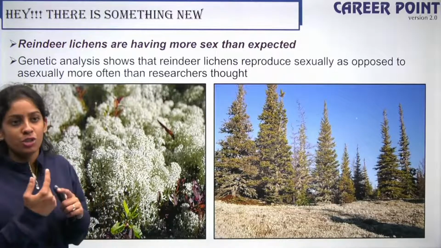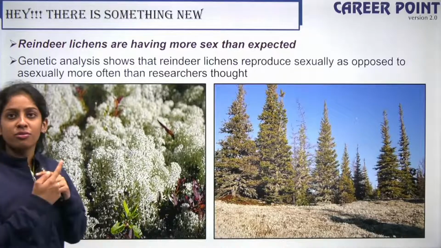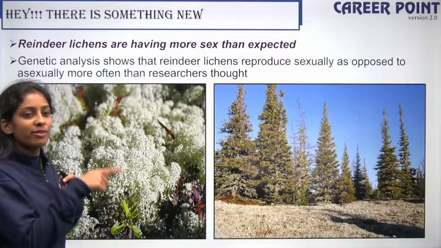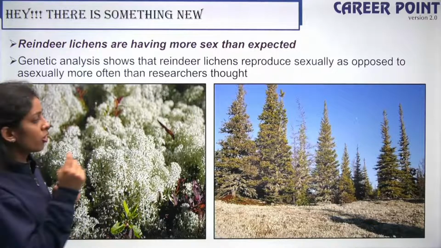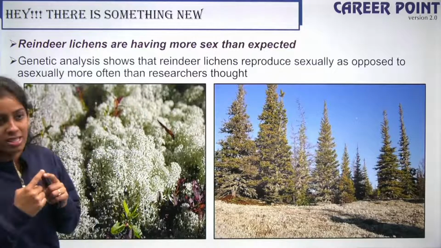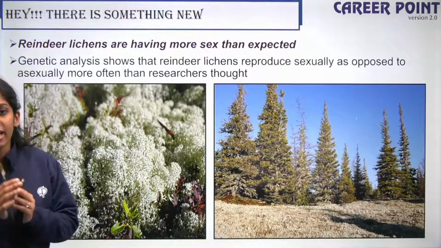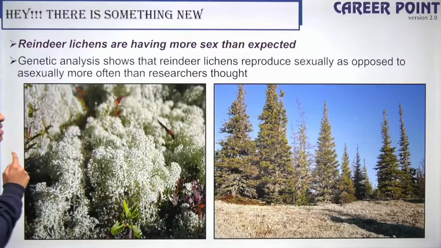We have your climatic conditions changing, we have your vegetative conditions changing. In a way, even the smallest of smallest organisms like your lichens also change their pattern of life cycle. So see how each and every point your ecosystem is being affected. Yes, everything is interlinked. Genetic analysis shows that the reindeer lichens reproduce sexually as opposed to asexually more often than researchers thought.